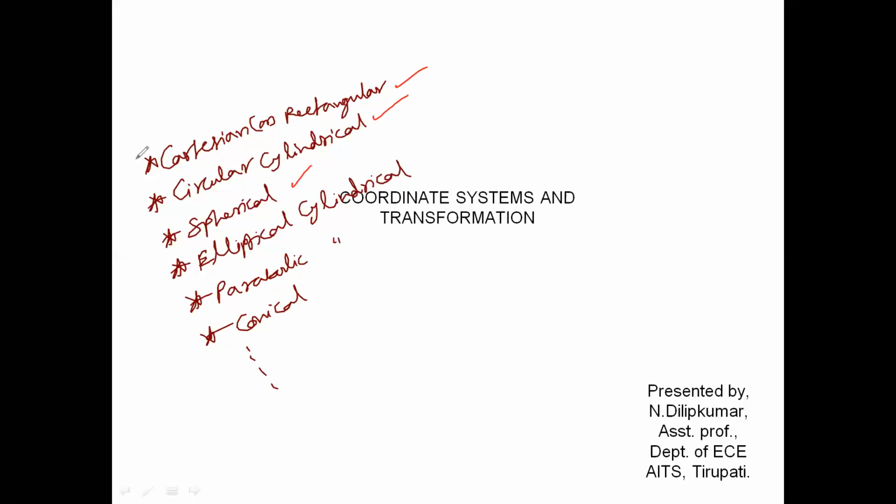These three are very useful in most cases of electric fields. So we will see these three one by one in this session. First we will look into the first one, the Cartesian coordinate system.